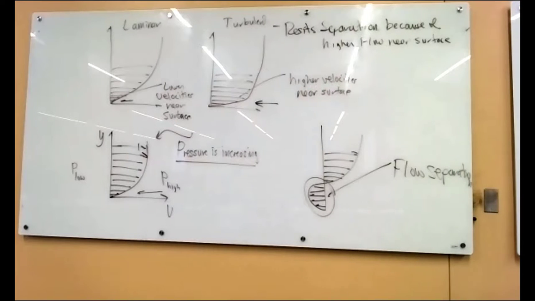So now we're stuck in a quandary because laminar flow produces less drag, which is good. But turbulent flow resists separation. So what do you do? You design a completely laminar flow airfoil, and it's all great till you get close to stall, and then all of a sudden it stalls really fast, abruptly, and the whole wing stalls all at once, and you fall out of the sky.